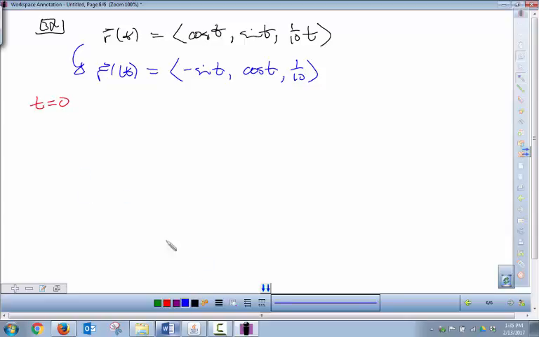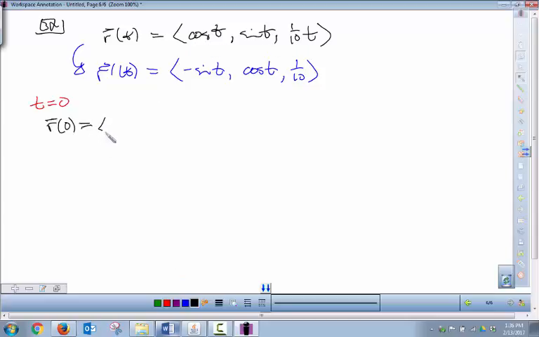So when t is equal to 0, your r, the original r, and I want you to really pay special attention to where the arrows and the primes are. Here r is the original function, and we're putting 0 in for t.